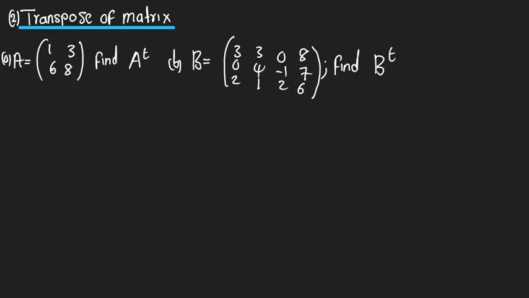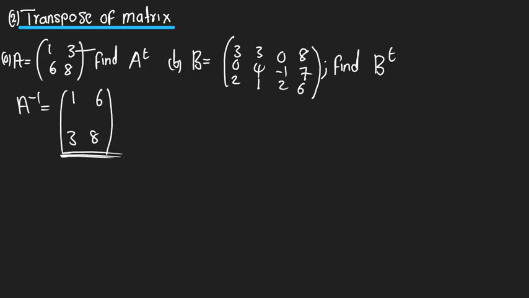The transpose of a matrix is what I taught you. So when we say the transpose of A, you are simply getting whatever is in the rows and making it columns: 1, 3, 6, 8. That's A transpose.